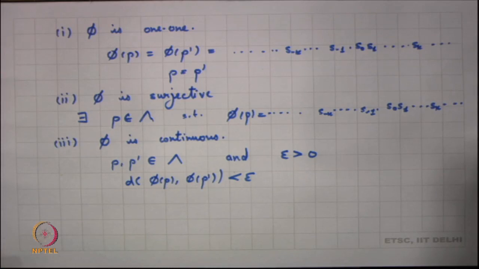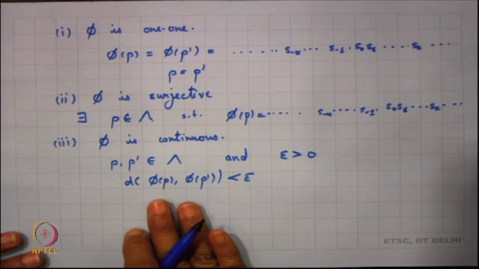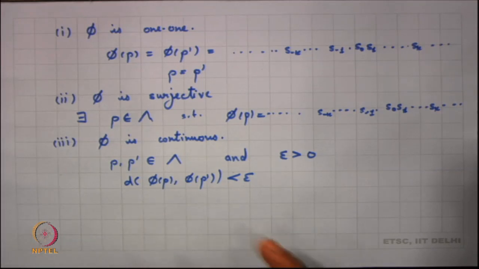What is the meaning of saying that the distance between phi p and phi p prime is less than epsilon? We have already seen this earlier. That would mean that there exists some n such that the middle block of phi p and phi p prime should be the same.